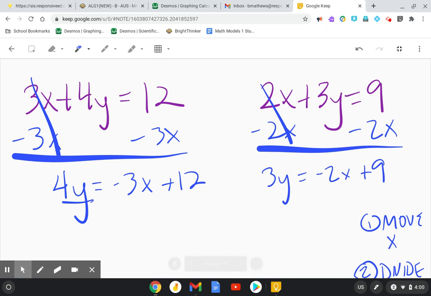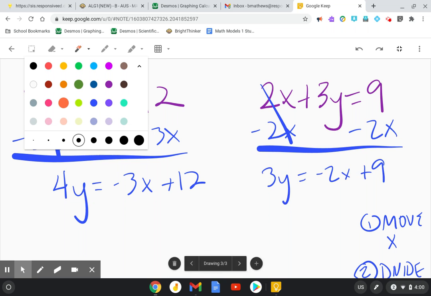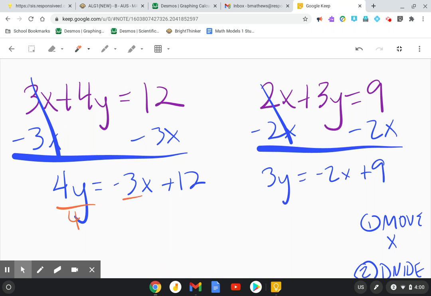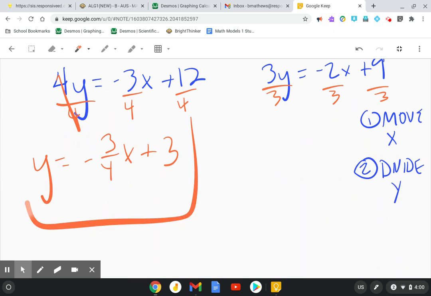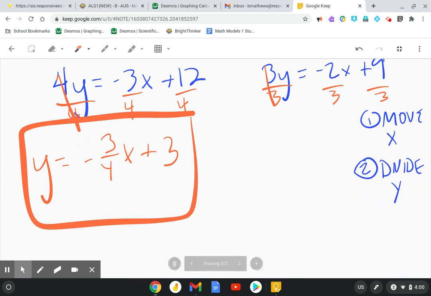And I divide everything by 4. And over here, I divide everything by 3. So my two equations would end up being y equals -3/4 x plus 3 and y equals -2/3 x plus 3.